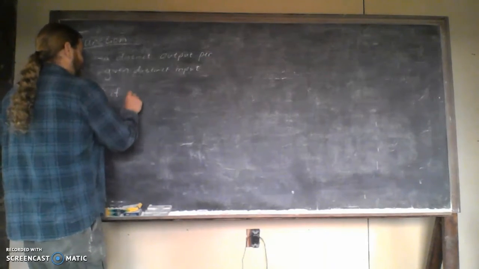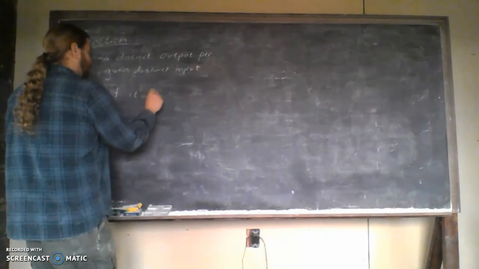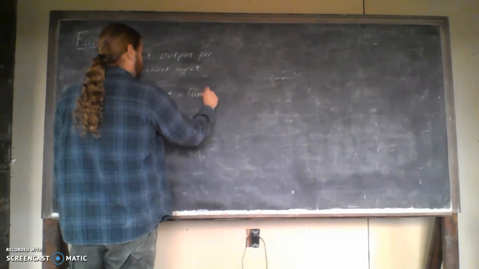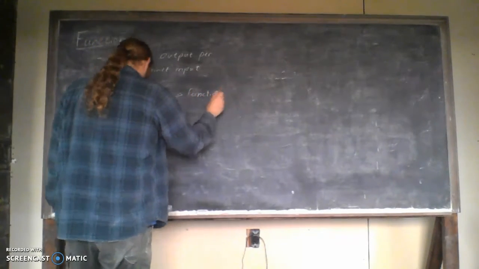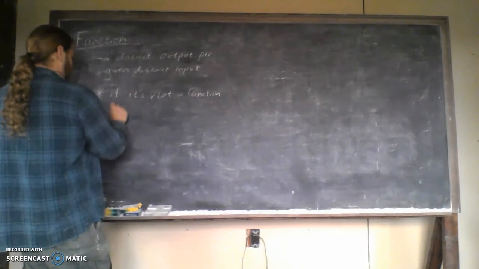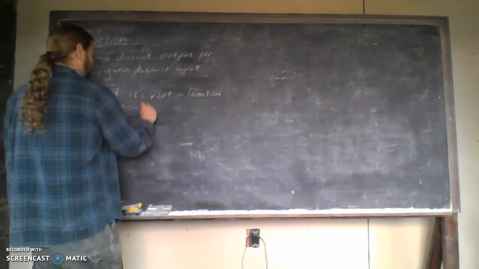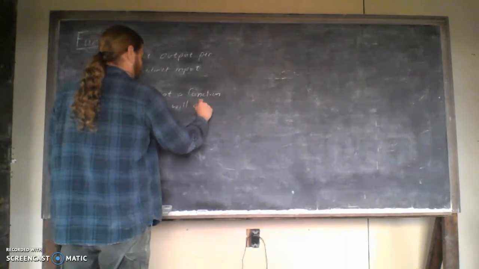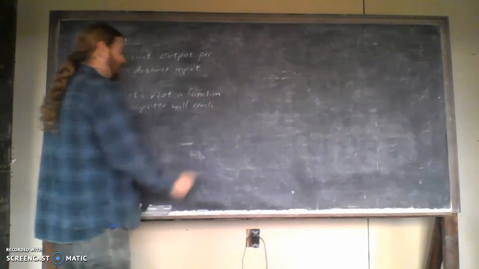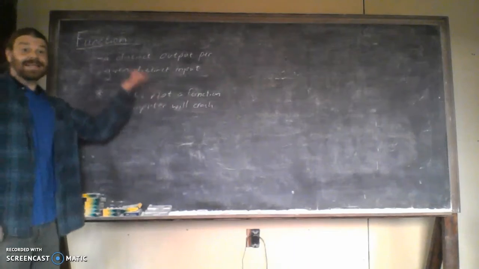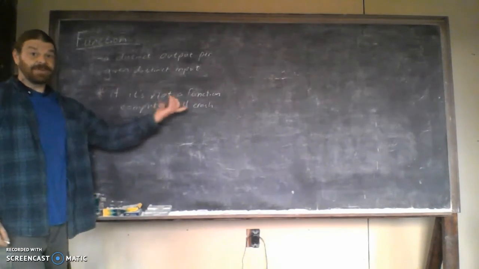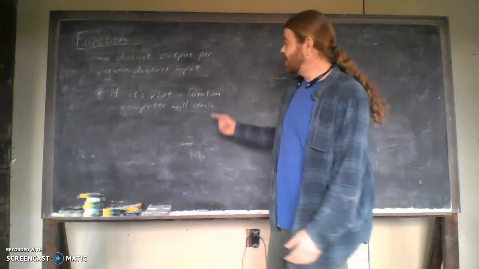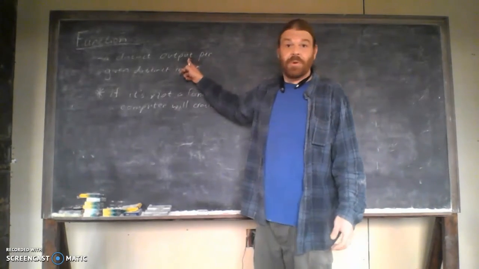And I give this the definition: if it's not a function, a computer will crash. So that's what I always say when helping people in math class with functions. If it would destroy your computer, it's not a function, which is a distinct output.